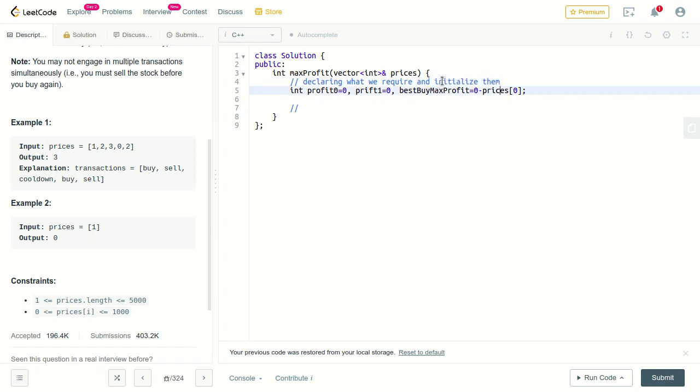Next we have a loop of profit that will give us the maximum profit. So for int i equals 1, i less than prices.size(), i++.